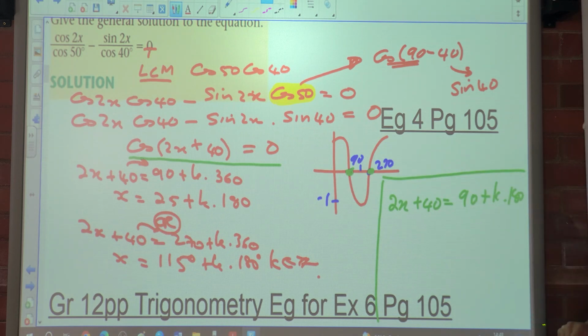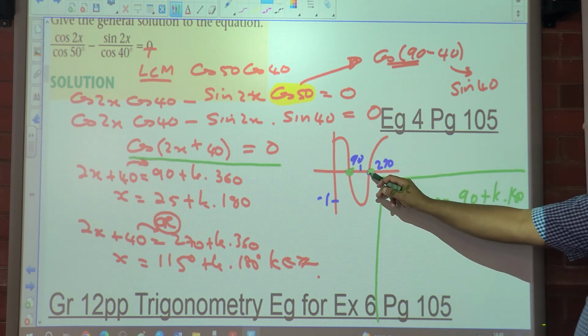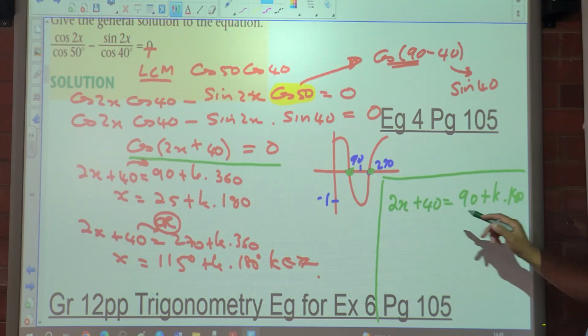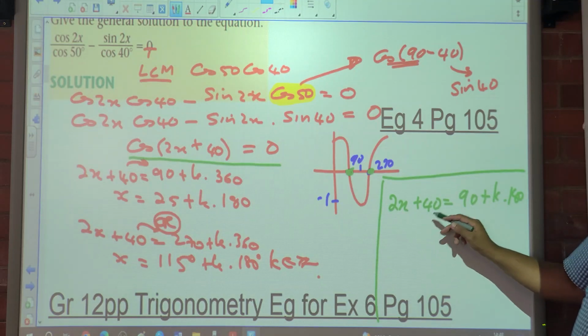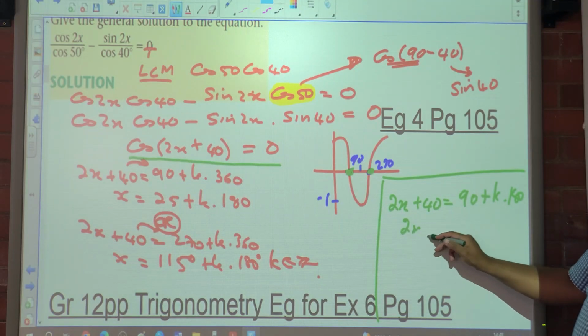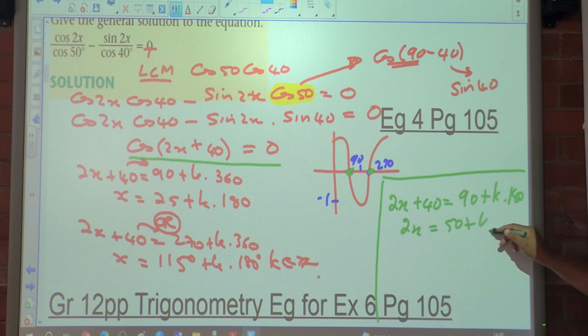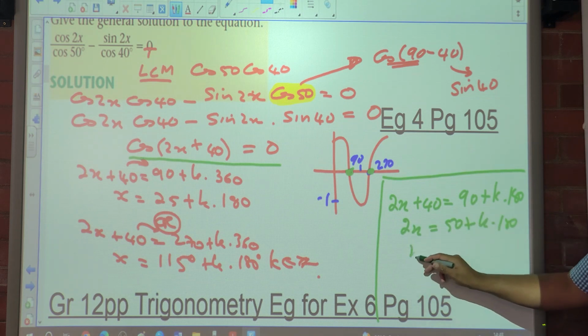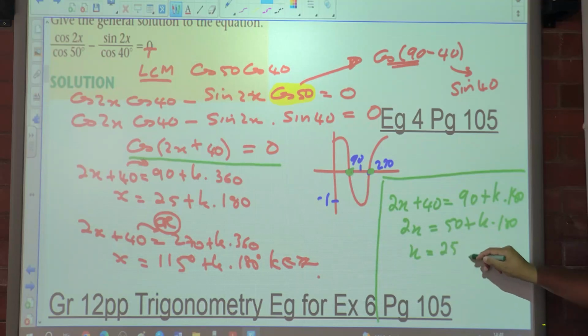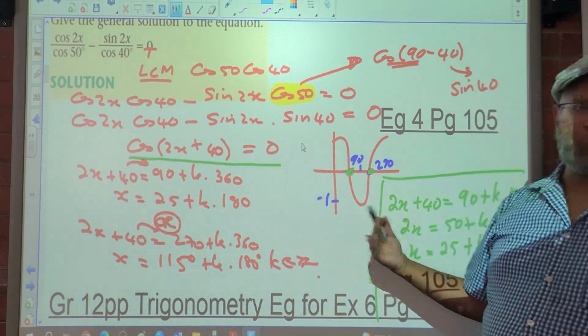With that, I'm already picking up the solution with k is 1. Okay, take 40 over, becomes 2x is equal to 50 plus k times 180, and then divided by 2, which is 25 plus k times 90, where k is an element of integers. Both get you full marks.